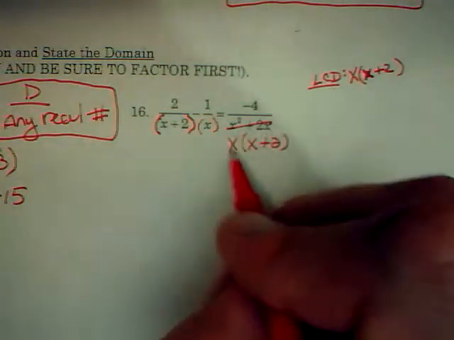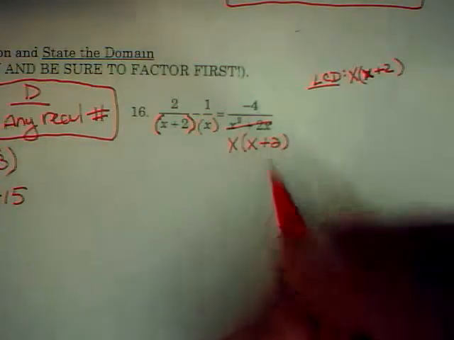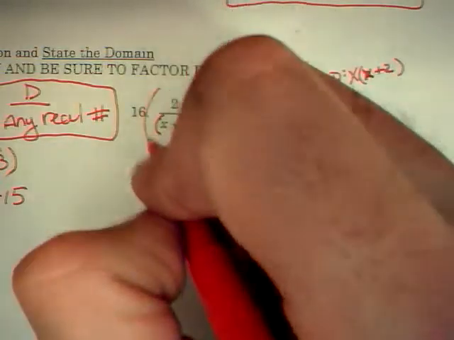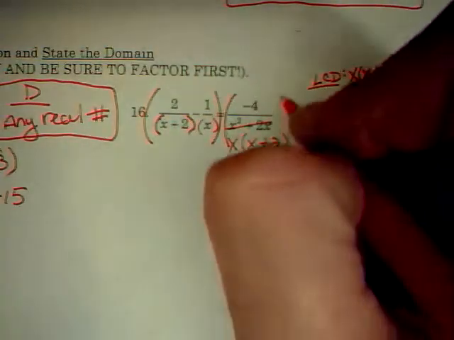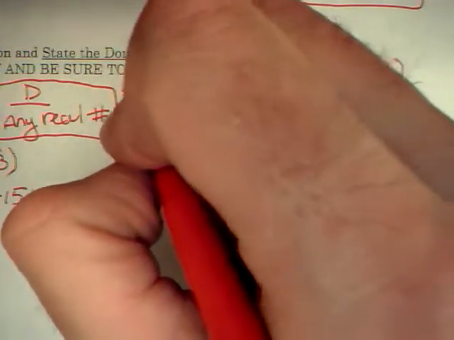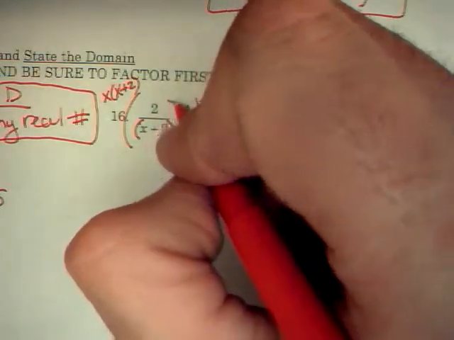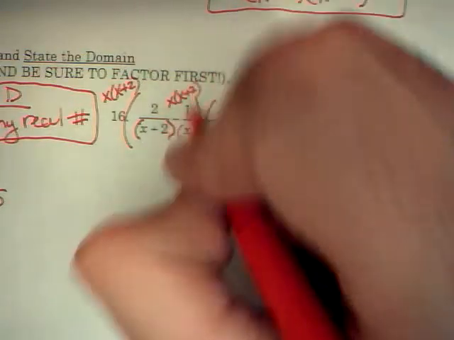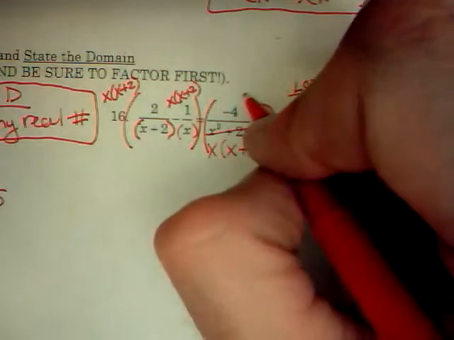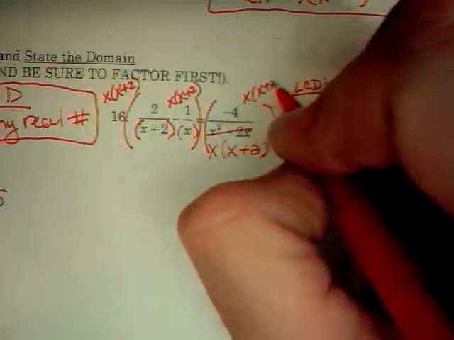And if we look at this denominator here, we already have the factor of x and we have the factor of x plus 2. So this is our least common denominator, which we are going to multiply both sides of our equation by. We're going to multiply by x, x plus 2. If it helps to write it for all three here, go ahead and write it for all three. So when you go to do your canceling, you can cancel and show that step.